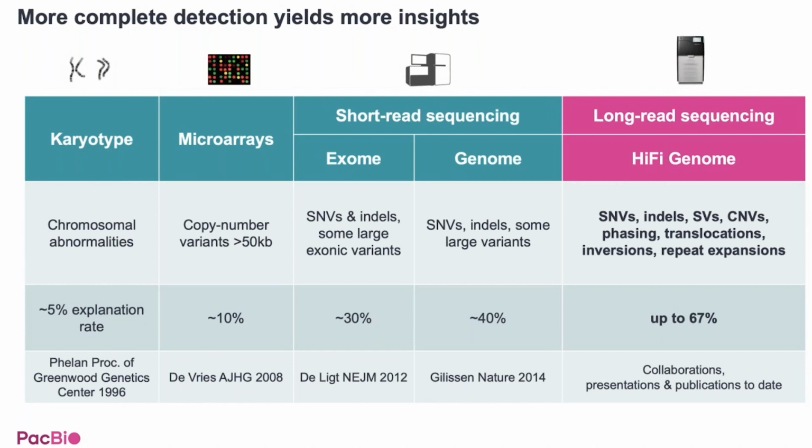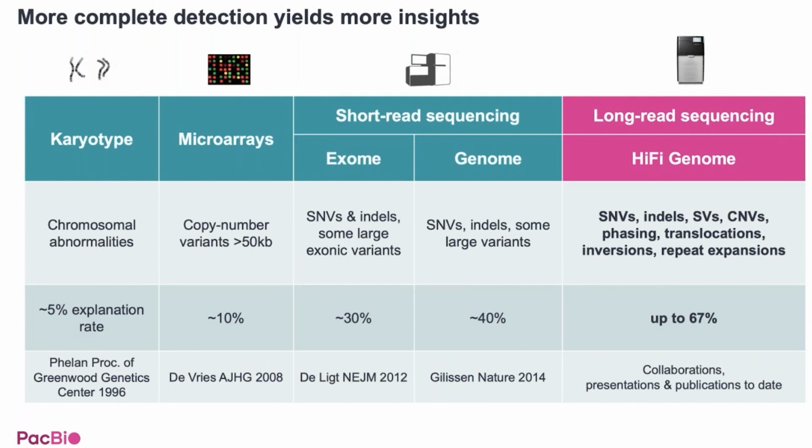Going from exome to short read genomes gives us another jump in detection, moving up to about 40%, because we could add in all those parts that were getting missed by the exome. Plus, you have a more even coverage, so maybe some of those events are easier to detect. But then estimates really leap when you go from a short read genome to a long read HiFi genome, where we have everything we were detecting before: the single nucleotide variants, indels, and those larger variants.